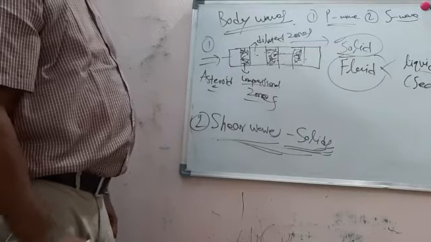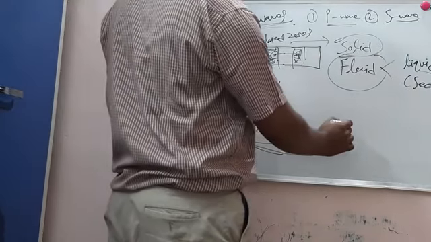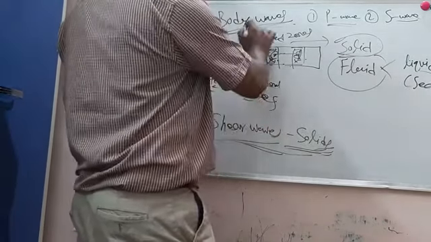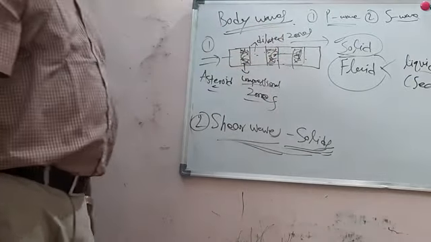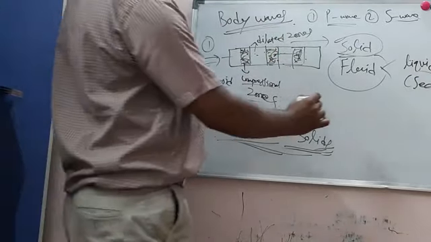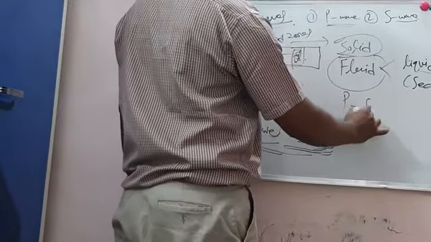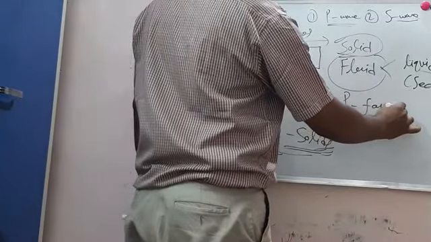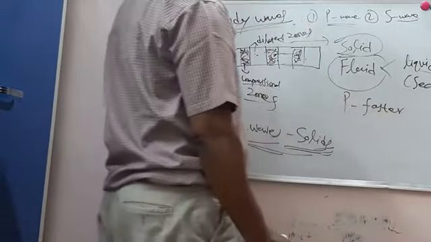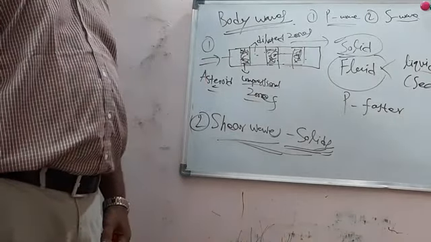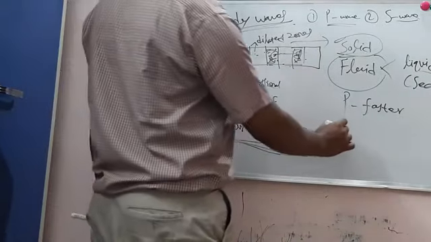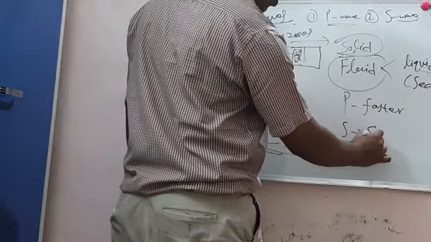So of course, among these P and S waves, P waves move faster because they are longitudinal waves, whereas S waves move slower.